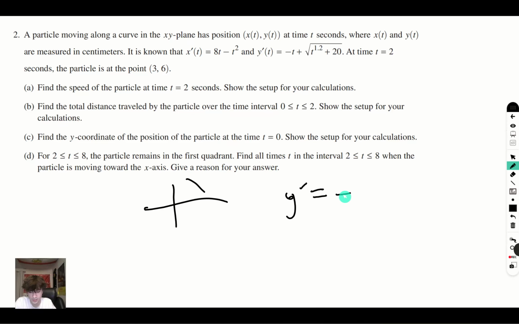And as you can see here, there is a point where it crosses the 0 line.